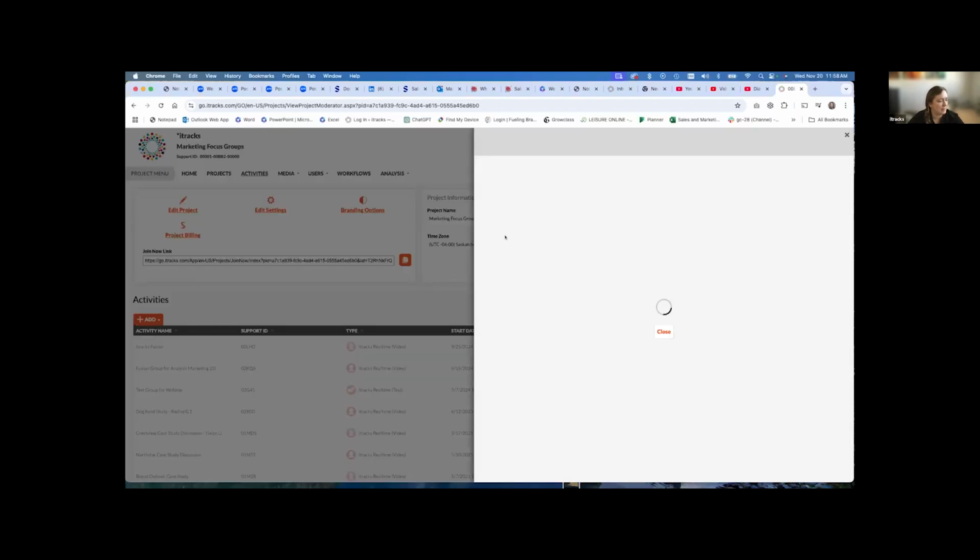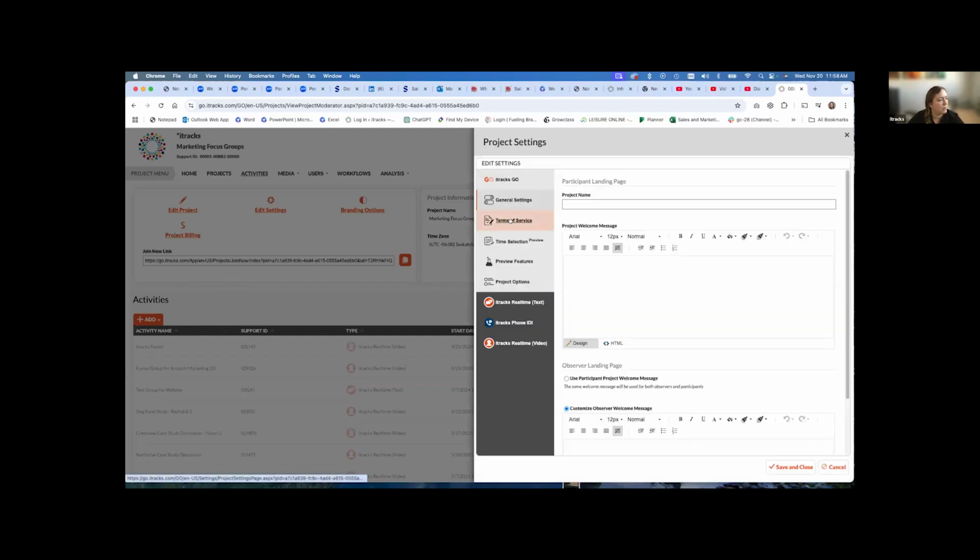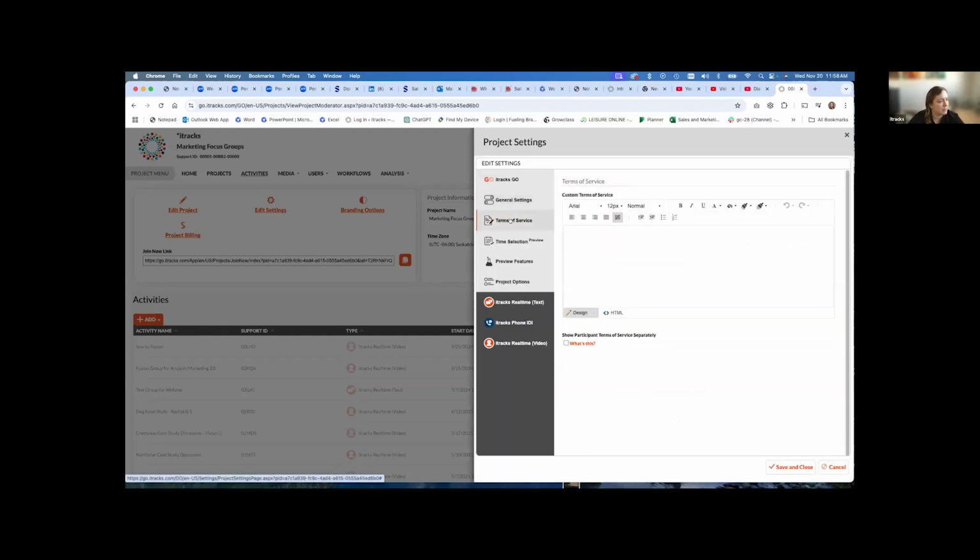So I am on a project page in the iTracks platform. So this is at a project level. It's called marketing focus groups, because that's where I make all my marketing things. But if I go to edit settings here, I get this little slide out. And if I go to terms of service, I can create custom terms of service.